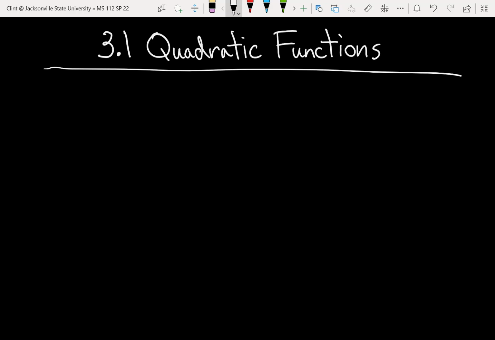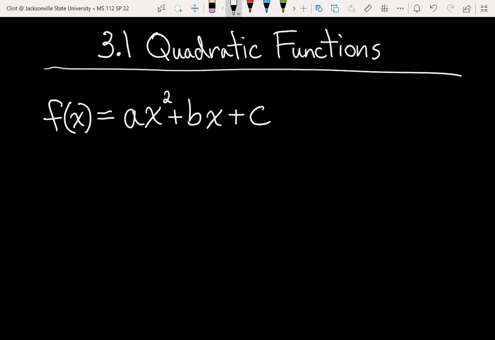Quadratic functions, we've got two main ways you'll see them written down. One way looks like this, and this is one you're probably familiar with: ax squared plus bx plus c. That goes back to when we talked about quadratic equations.